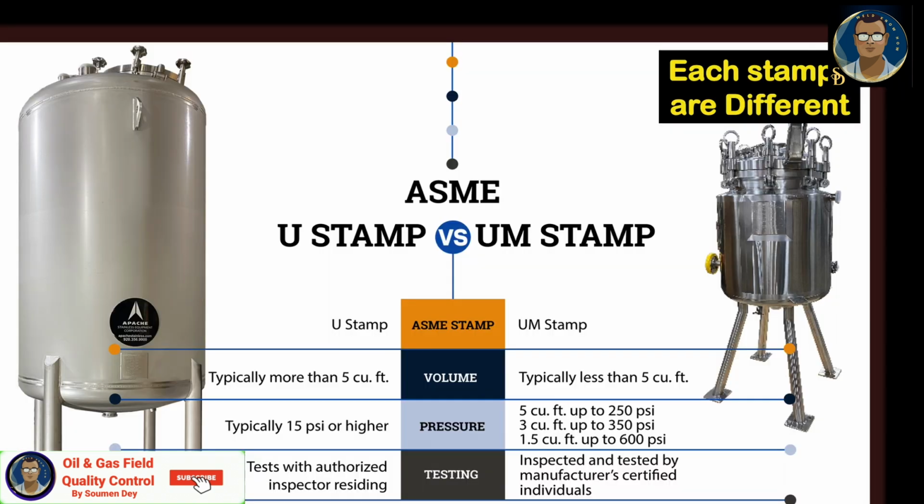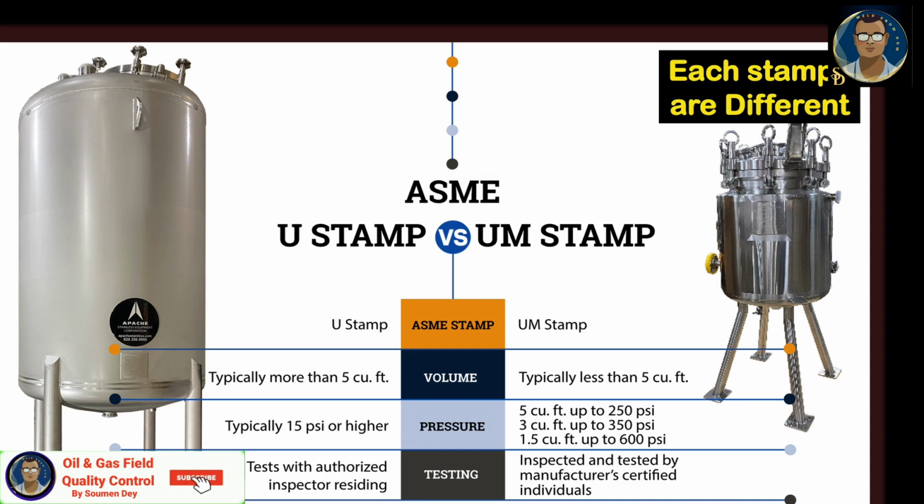Each stamp is different, so U stamp versus UM stamp. U stamp is typically more than 5 cubic feet volume and UM is a mini, unfired mini vessel, so it is less than 5 cubic feet, and pressure typically 15 psi or higher for the U stamp.